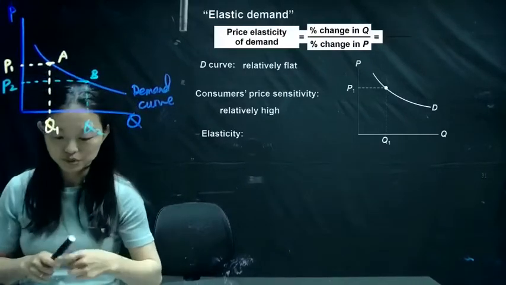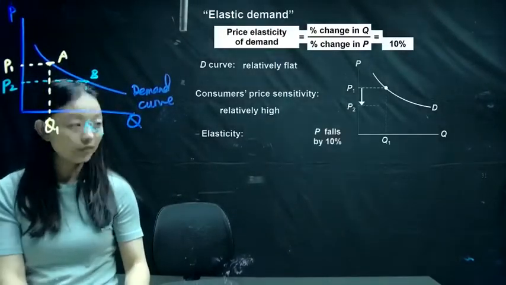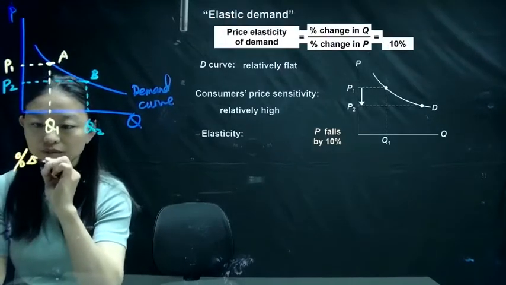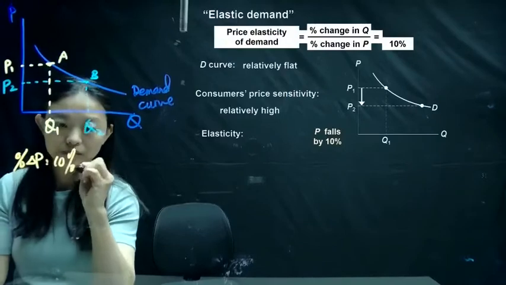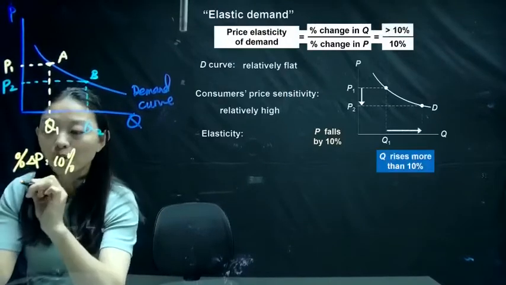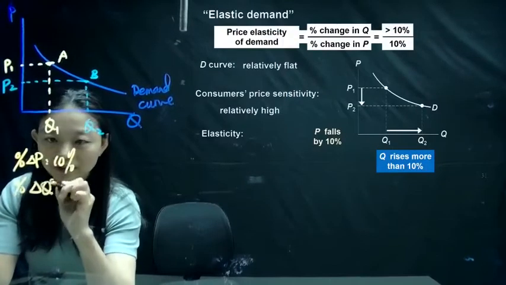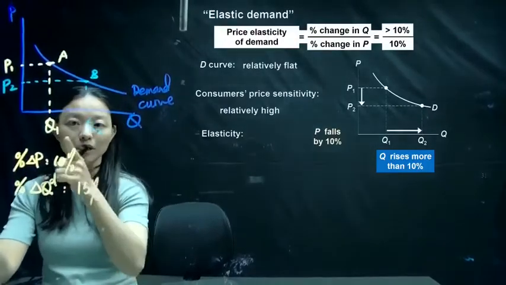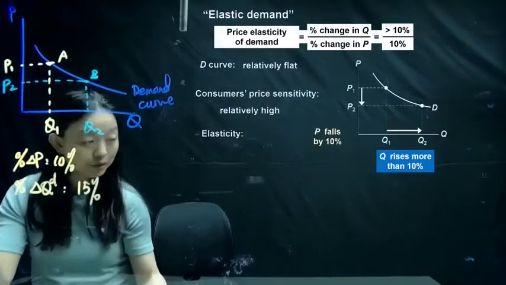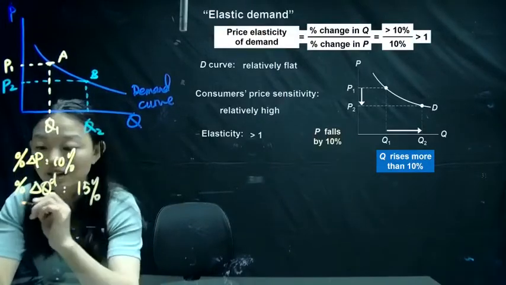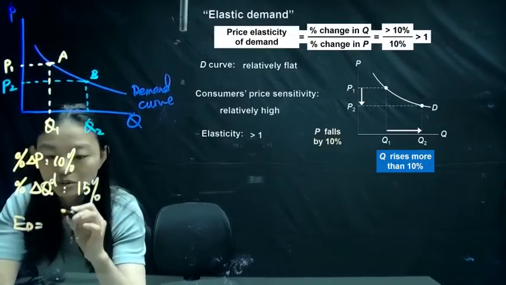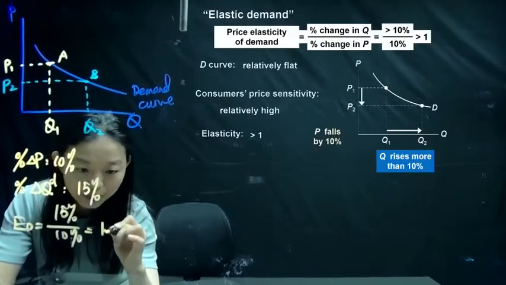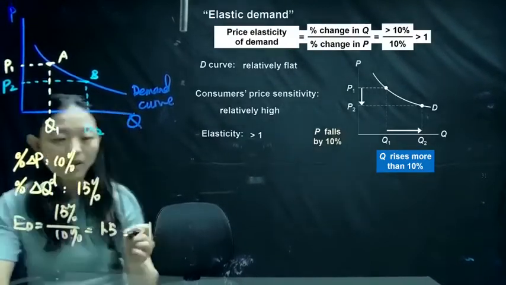So in this case, we still have the price decreased by 10%, okay? However, now we have the quantity demand increased maybe by 15%, okay? Therefore, when you compute the price elasticity of demand, you'll equal 15% divided by 10% equal 1.5, which is larger than 1, right?